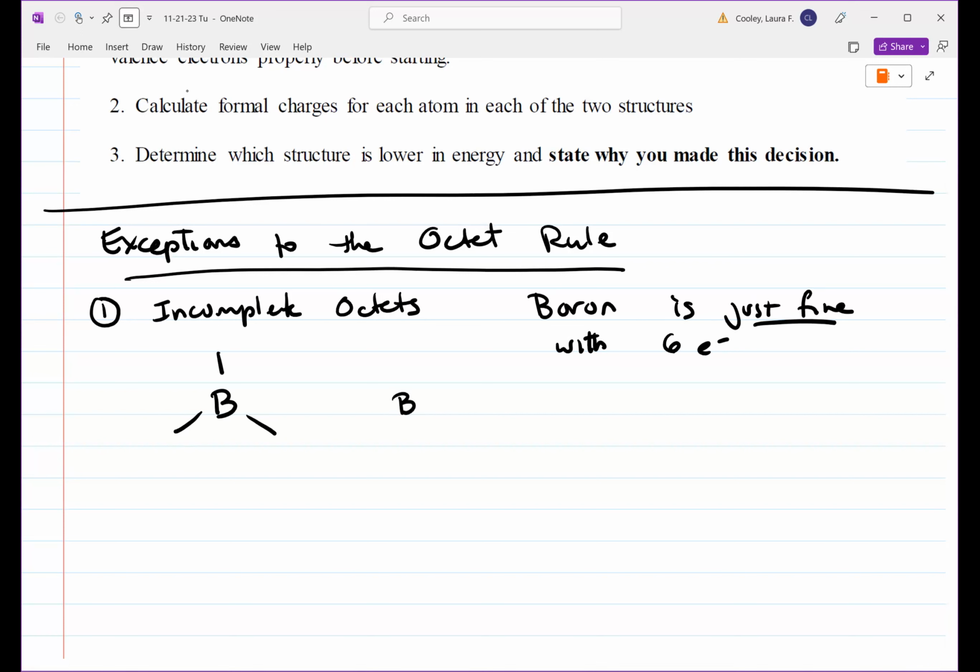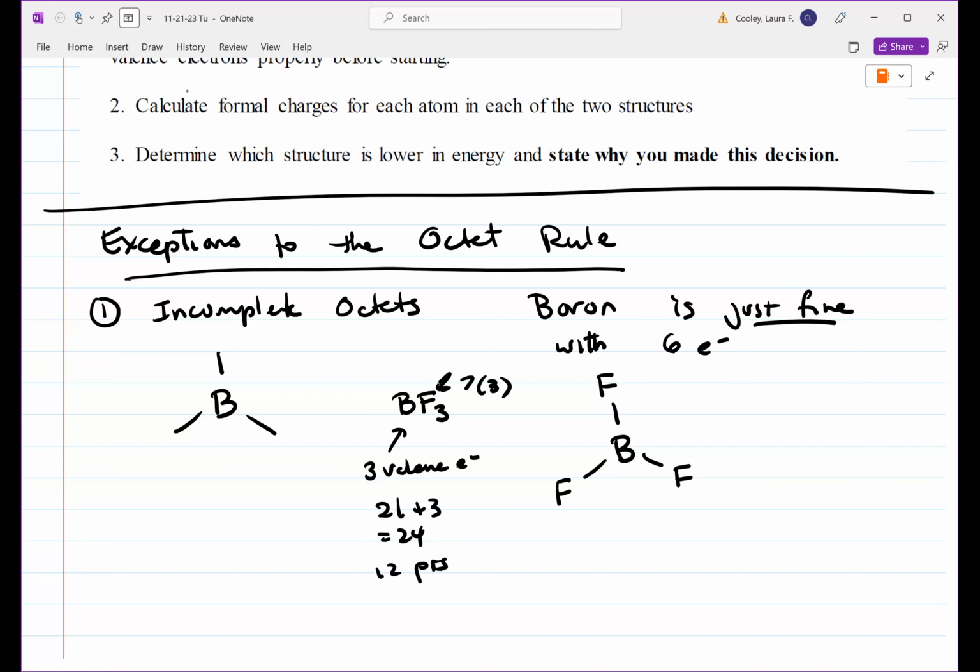So for example, boron trifluoride is this. Boron has 3 valence electrons. Fluorine has 7. So 21 and 3 is 24. That's 12 pairs. I make 3 single bonds. 4, 5, 6, 7, 8, 9, 10, 11, 12.